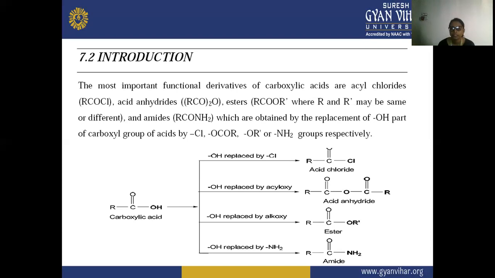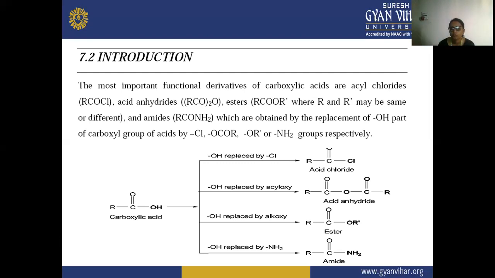Here, as you can see, are their functional formulas. Acyl chloride has RCOCl, and acid anhydride has (RCO) whole twice O. In the esters, it is RCOOR', where R and R' can be different or the same alkyl or aryl group, and in amide, CONH2.